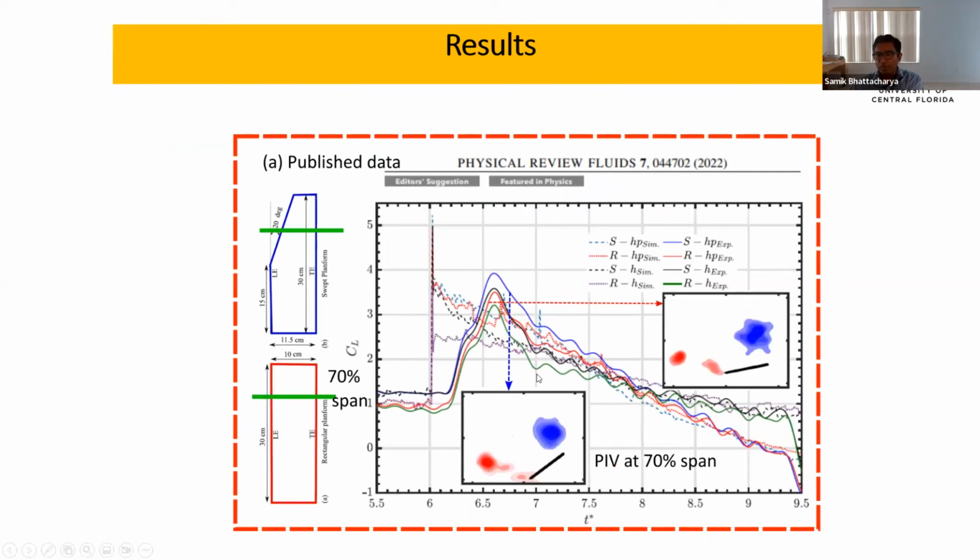So we have already published this data in Physical Review Fluids, and it got a lot of attention. It was selected as an editor's suggestion, featured in their Physics magazine. So we showed here that the swept platform actually augments the lift forces during this type of perching, and that is due to a very stable leading edge vortex.